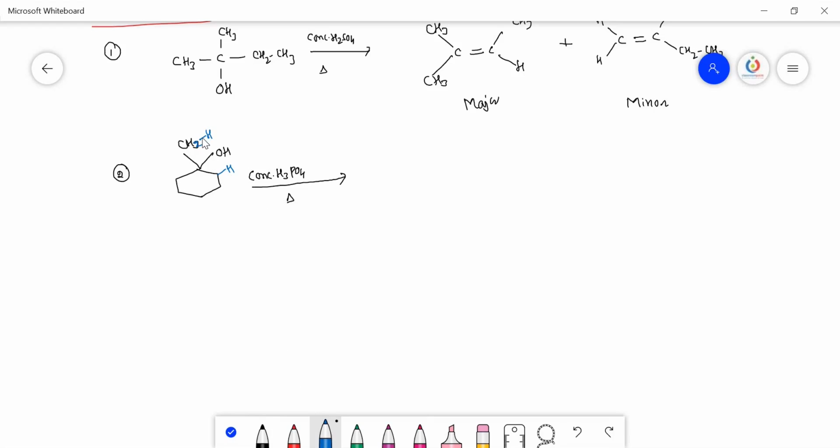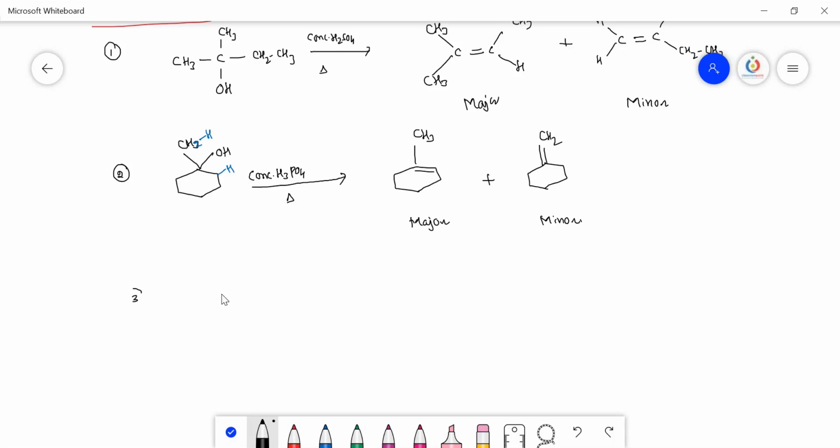Anyhow, these two hydrogens are same, so that hydrogen can be removed from this combination or this combination. If you remove these two hydrogens, double bond will be here or else here. So you know which is the major product. I'll write down both the products. You just tell me which is the major product here. This is the major product and this is the minor product.